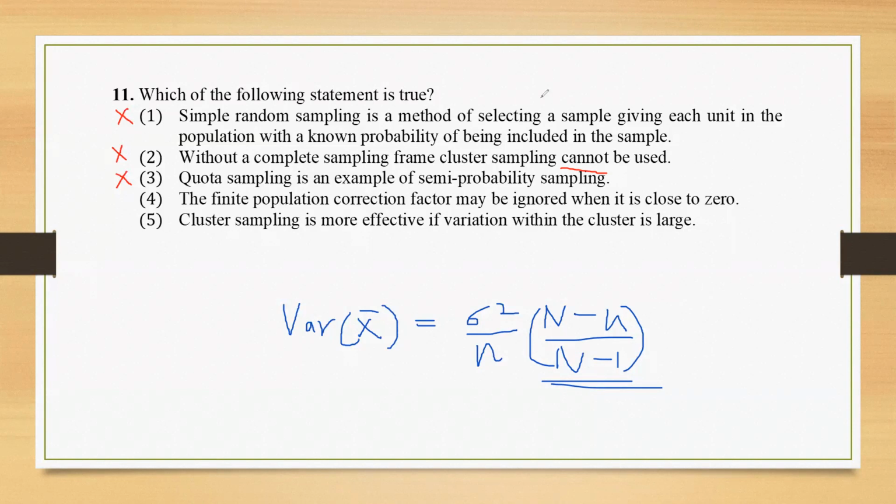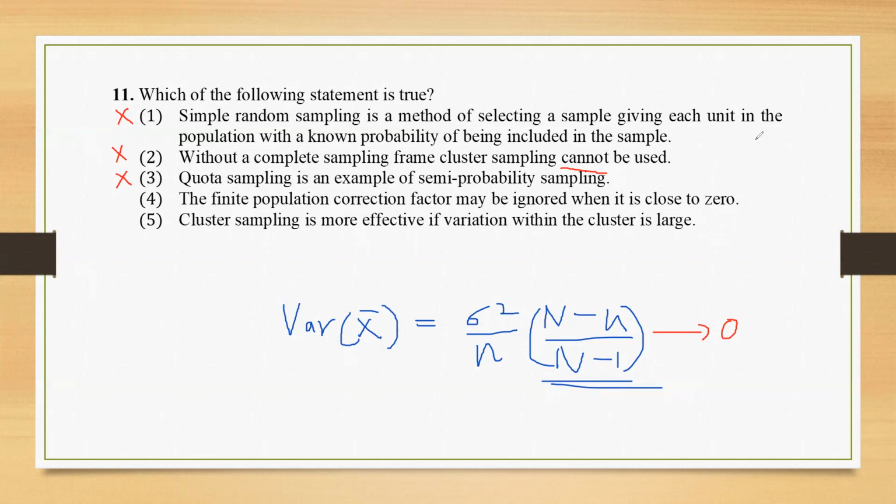If the value is close to zero, what happens? Assume that capital N minus sample n divided by capital N minus 1 is close to zero. So what happens to the entire part? It also goes to zero.